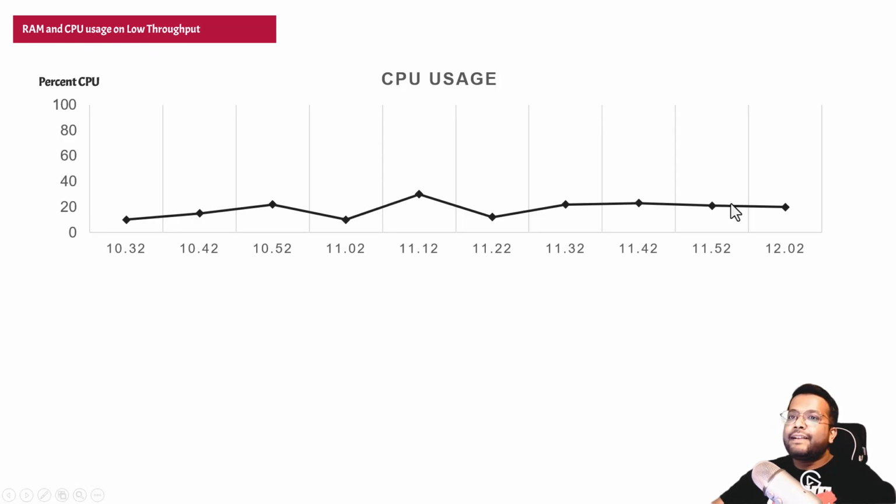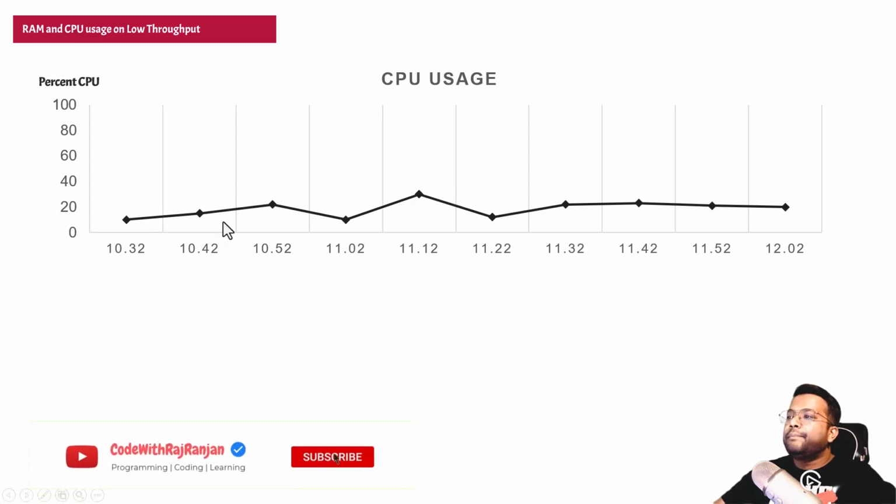Let's say this is the graph of my CPU usage, where the y-axis says the percentage of CPU used and this is the time. I've given an interval of every 10 minutes, but this is just for demonstration purposes. When there's low throughput, like fewer students and fewer teachers are using it, the maximum usage of the CPU goes up to 25%, which looks normal.